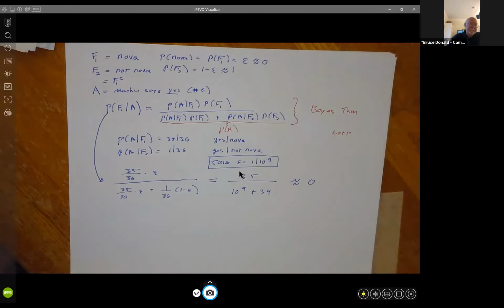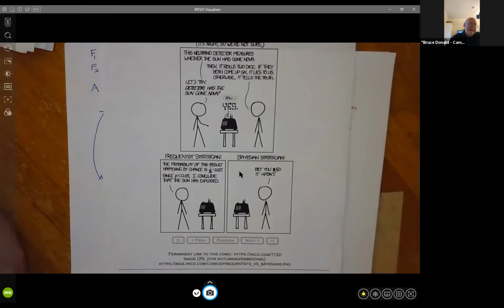So this is the probability of F1 given A. We have this device here, and we run the machine, and it says yes. Namely, you ask the machine, has the sun exploded, and the machine says yes. So the question here is, did the sun really explode? Oh, okay. What are the odds that the sun exploded given the output of the machine?